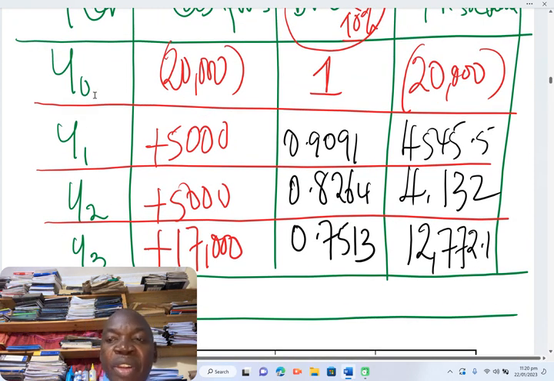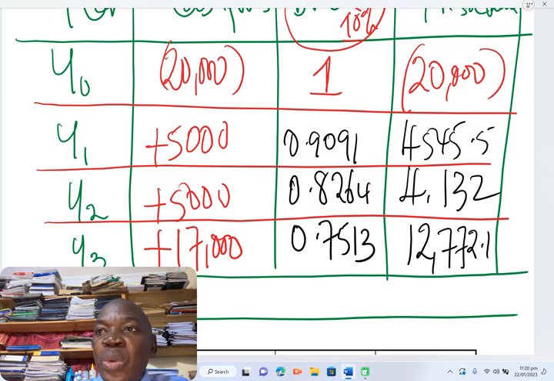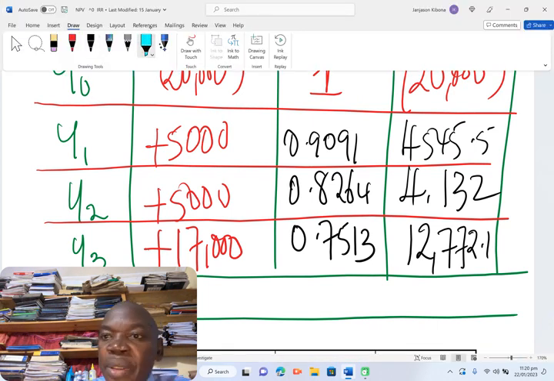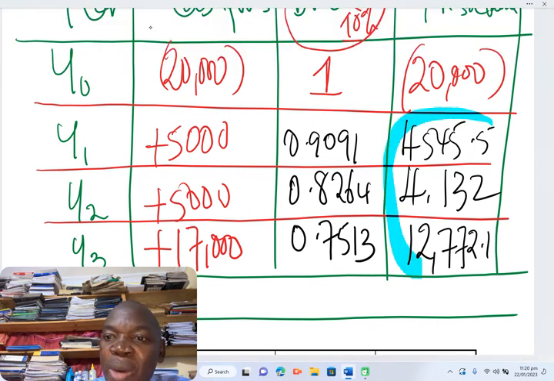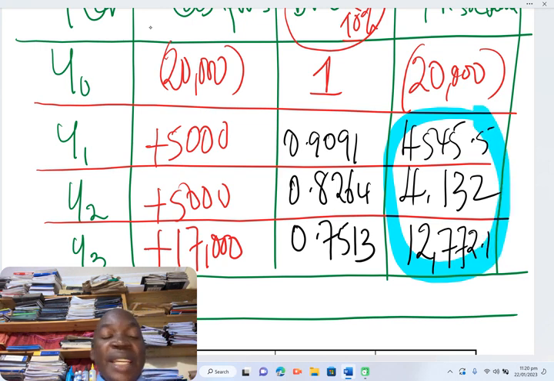Now for the NPV, you must sum these three. Once you sum these three, you get the total discounted inflow. So 4,545.5 plus 4,132 plus 12,772.1.